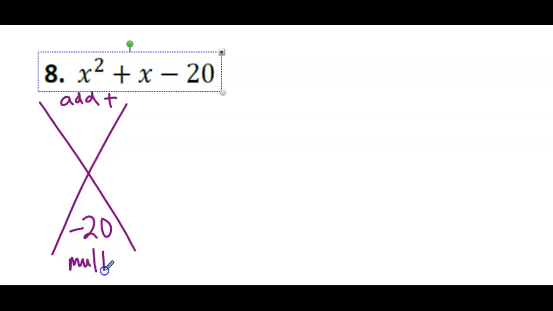So I'm multiplying to a negative. Okay, so you're going to use that last diamond on the front of our notes and think about what signs these are going to have to be. Okay, so do your 20. Figure out the factors that add to your imaginary ones, and then go from there.